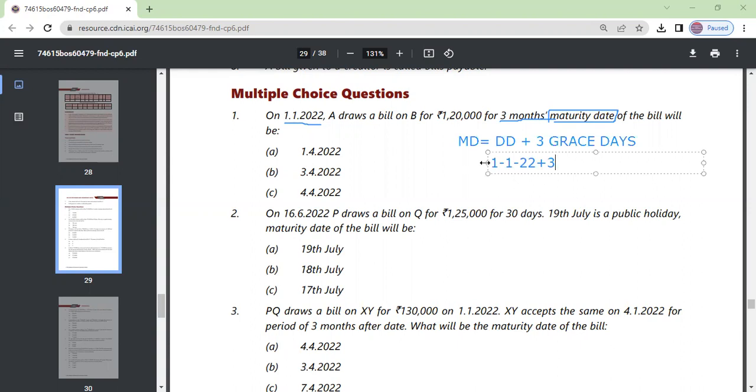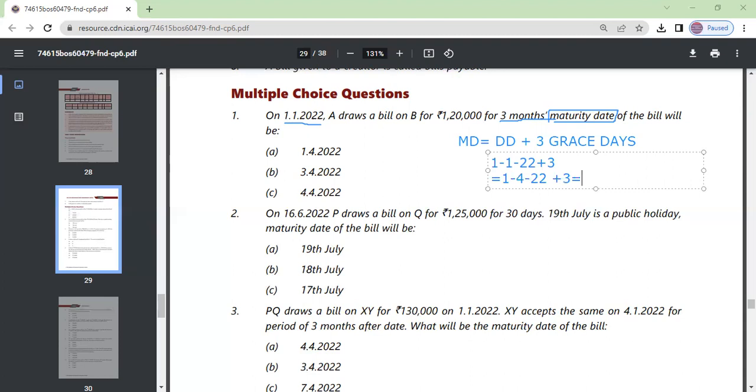What about this date? From 1st January 2022, you can add 3 months. 1st January plus 3, 1 plus 3, 4, April. 1st April 2022 is the due date. How can we calculate maturity date? To this due date, add 3 days.